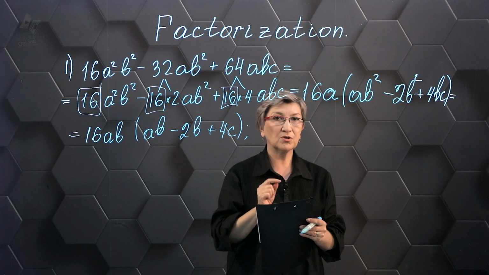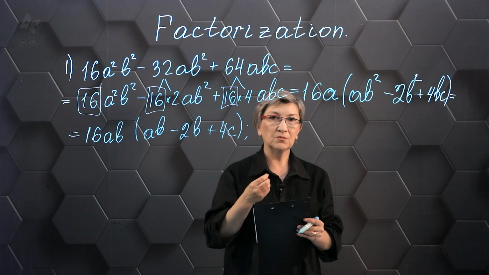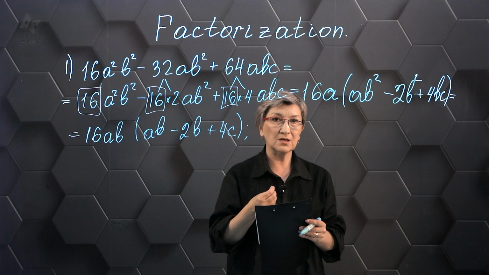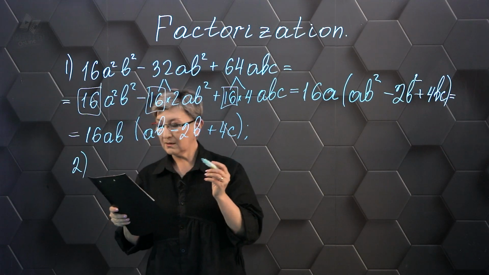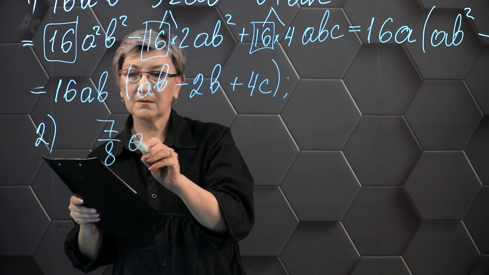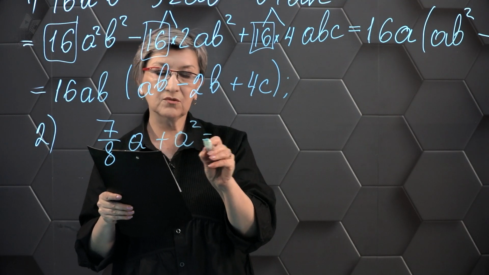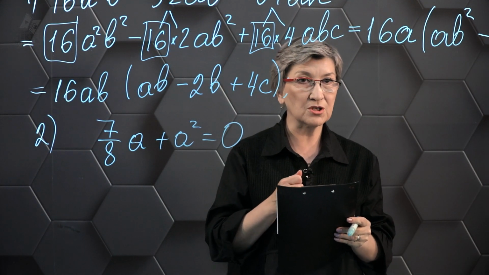Now, we will solve another example where I will show you why we need to perform factorization. The fact is that in solving equations like 7/8 a plus a squared equals 0, we can use factorization.